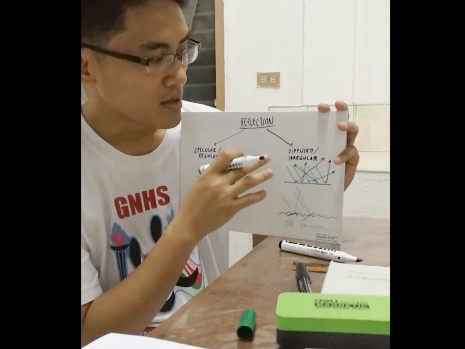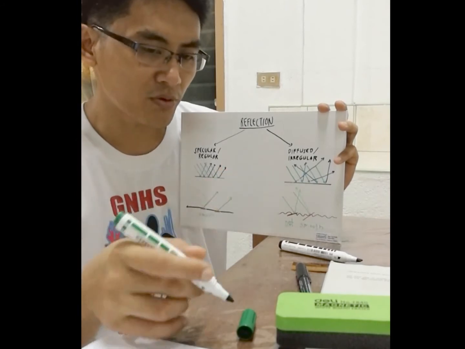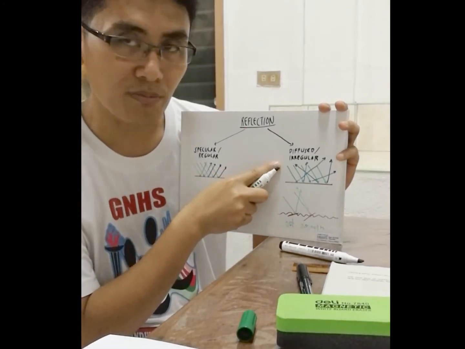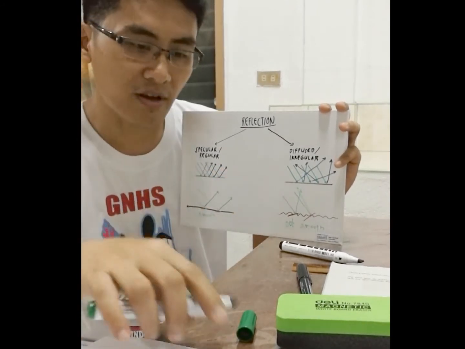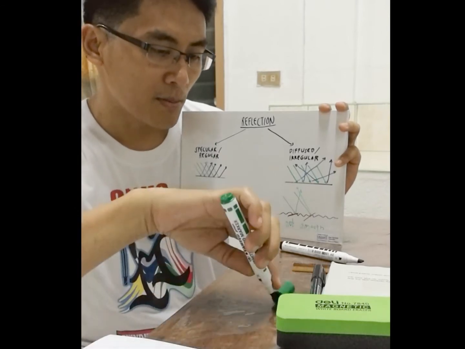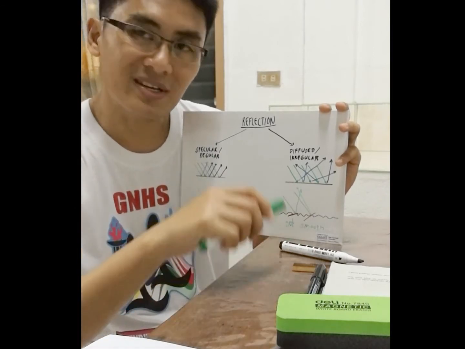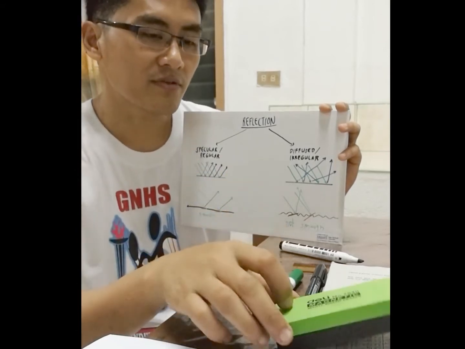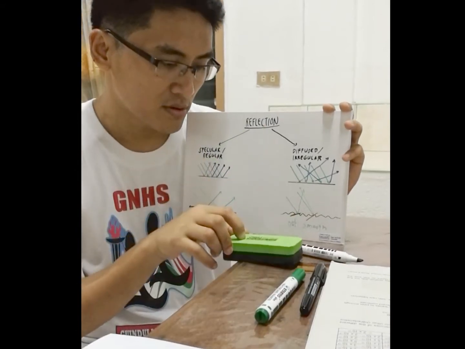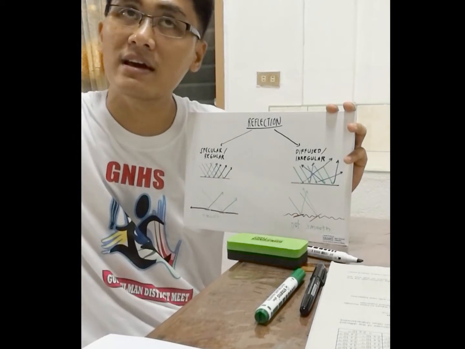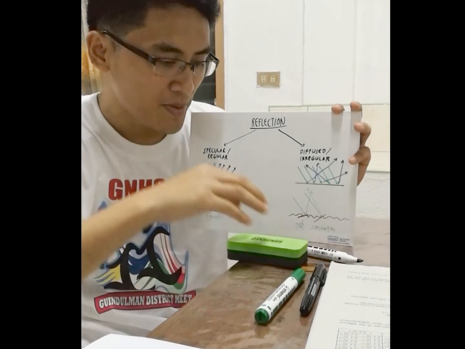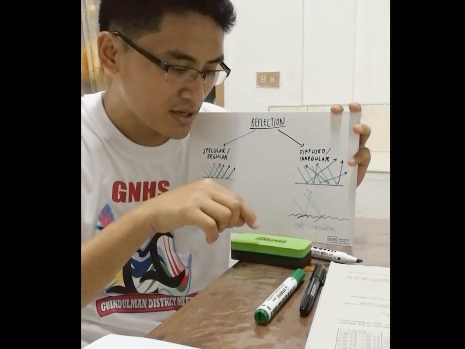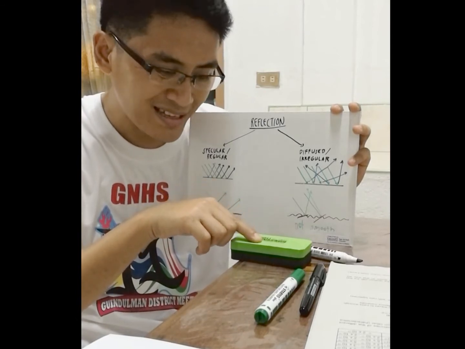In fact, if truth be told, this is even more important than regular reflection because the mechanism by which we can see all things is because of diffused reflection. So say for example you have this object, it gets hit by light rays from all over the place, and the light rays are reflected diffusely.